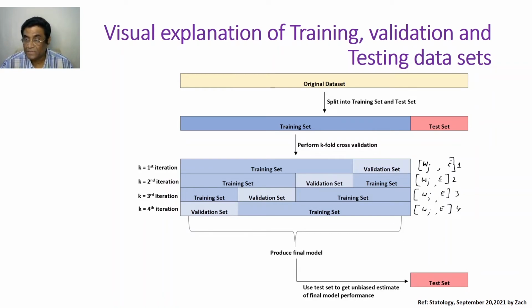Now you can optimize. You see, sometimes with some validation sets you get less error, and with some you get more error. So one very simple thing you can do is simply take the average of all these parameters. That is the optimization, right? You got a parameter set 4 times, and you take the average value. Another thing you can do: you have W attached with the validation error, and you see that this is the minimum validation error.